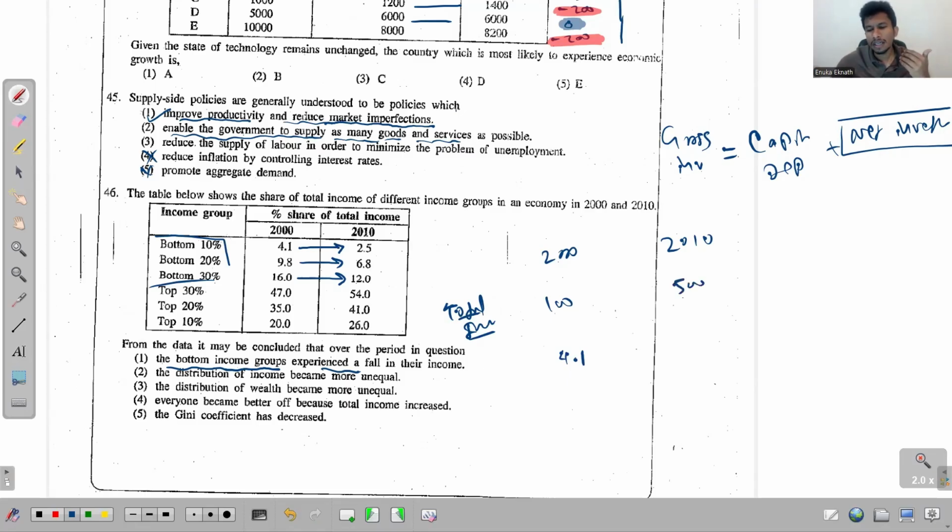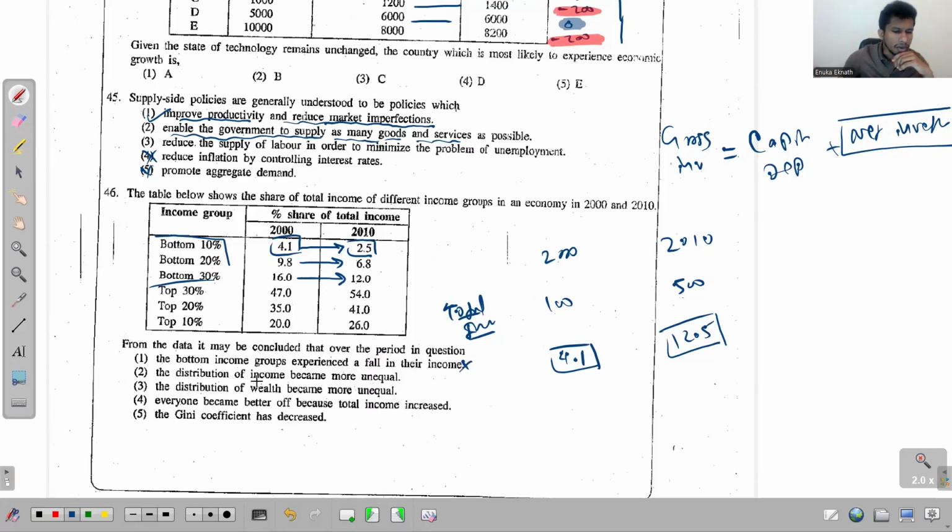What if this has increased to 500? Then they receive 2.5% of 500, which is 12.5. So earlier they received an income of 4.1, but now they receive an income of 12.5. But as a percentage, what has happened? That has decreased. So they are still earning higher than what they received earlier. So this is wrong.